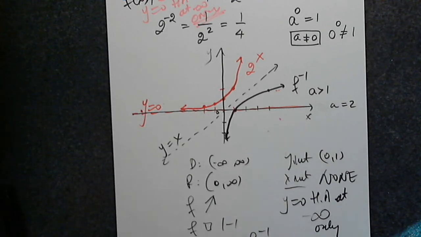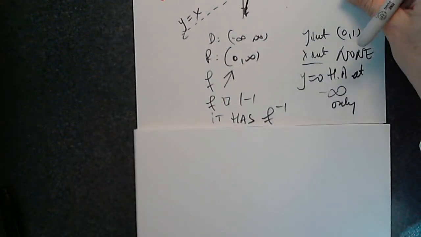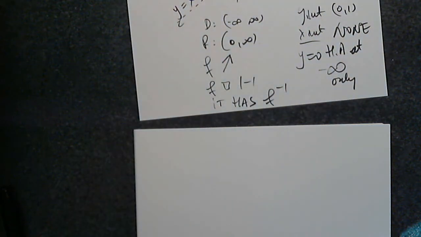Great job. Before we look at the other shape, I would like us to practice with one transformation. Now we are adding 2 to the x to the long list of base functions: linear, quadratic, square root, cube root, absolute value, x squared, x cubed, the cube root of x.